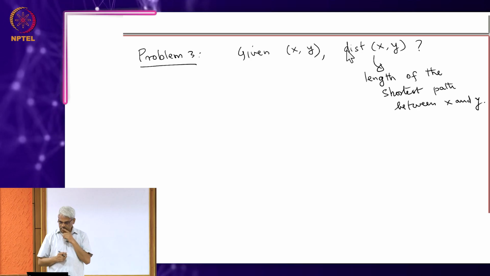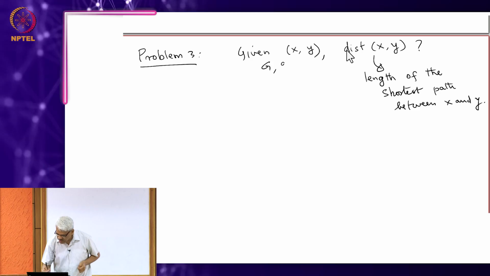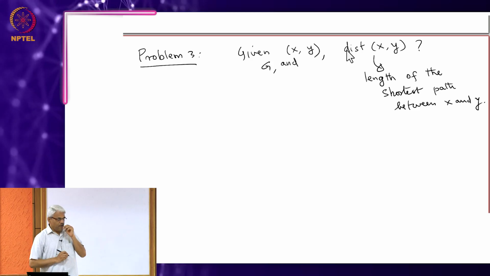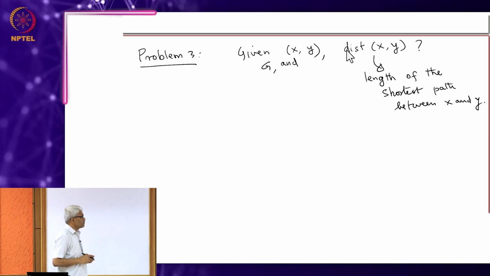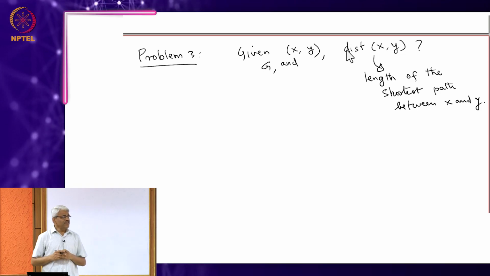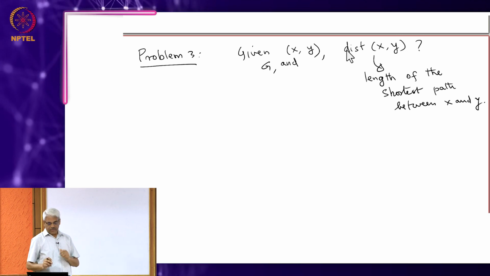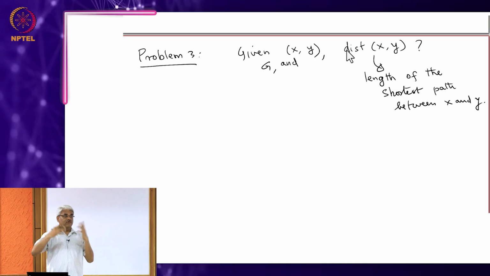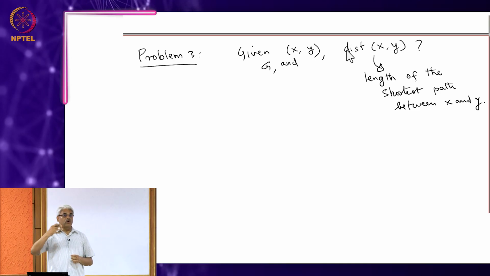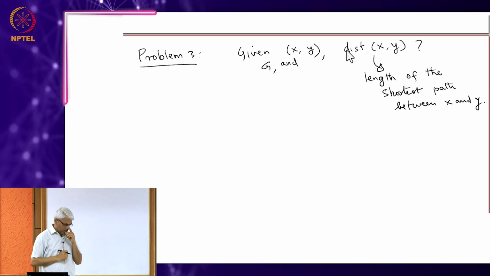But this problem, so again I forgot to say, given your G and x, y. Now think about this problem. Even if I store one edge less, because x and y are arbitrary, the query is going to come for arbitrary x and y and ask me what the distance between x and y is.